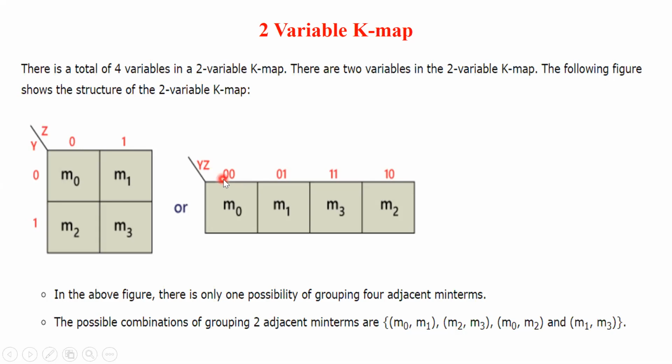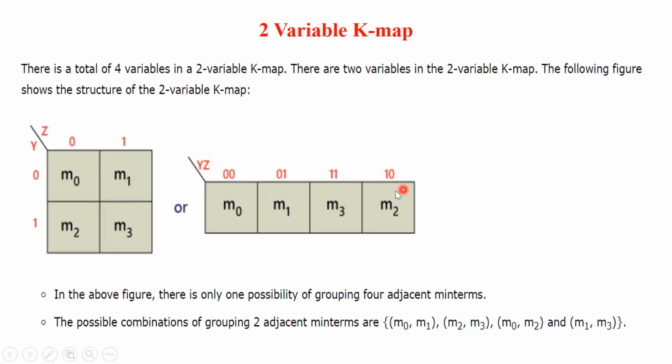Or sometimes, since it is a two variable map, instead of making 4 blocks like this, I can make a single row block. So here I am writing yz. Here 2 together will be there: 0 0, 0 1, and then a very important thing, 1 1 first and then 1 0.